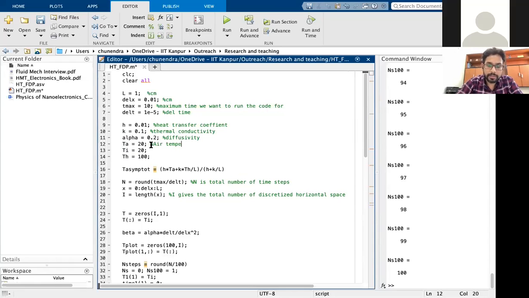We are defining everything one by one because that's important. And then this is initial temperature, which is actually equal to air temperature. And this is temperature, let's call it heated temperature.